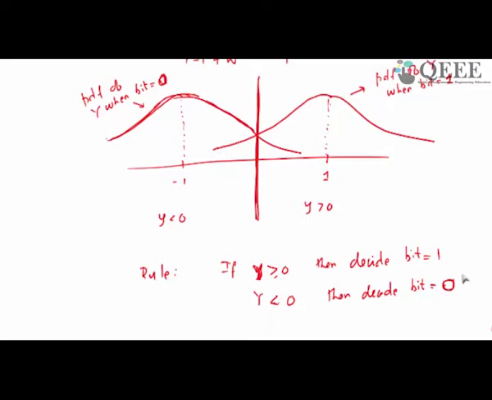This is a very simple idea, but very useful: you sample the modulated waveform at t equal to 0 and if the sample is positive, decide bit is 1. If the sample is negative, you decide bit is 0 because you are sending -1. So negative side you decide 0, positive side you decide 1. This is a very simple and useful rule, and this is what BPSK detection will look like.